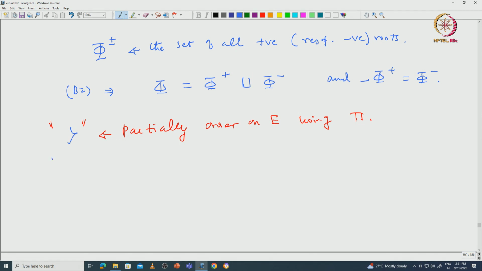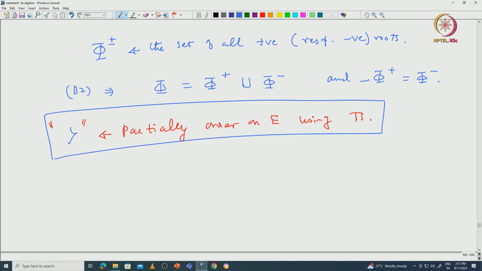So, how does one define this? Let λ and μ both be elements of E. Then λ is bigger than μ if and only if λ minus μ is a sum of positive roots.